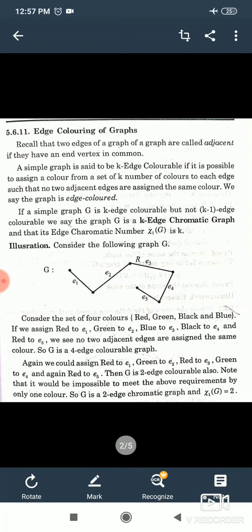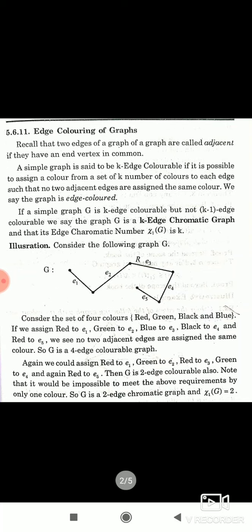If we assign red to e1, green to e2, blue to e3, black to e4 and red to e5, we see no two adjacent edges are assigned the same color, so G is a 4-edge colorable graph.